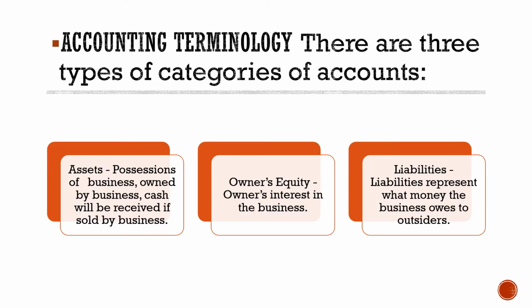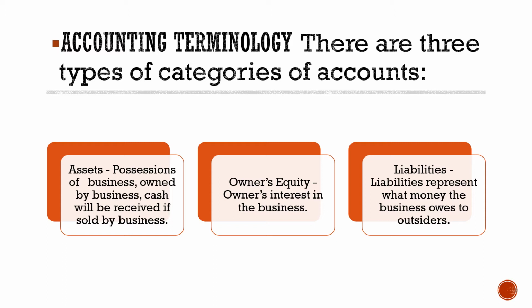Right, so accounting terminology. First of all, we need to know the definitions of a bunch of accounts before we can continue to doing accounting. There are three categories of accounts: assets, owner's equity, and liabilities. Assets is the possessions of the business. It is owned by the business.